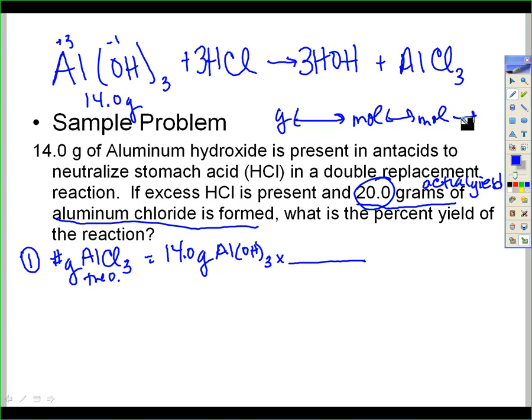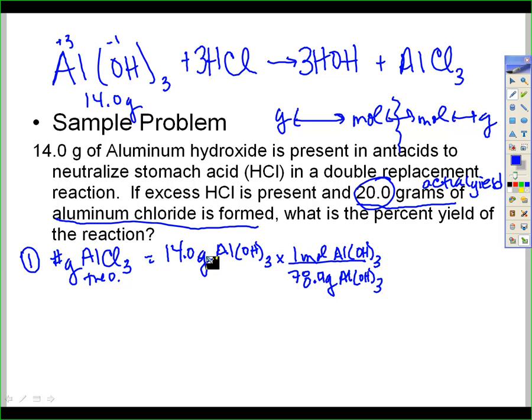If you're looking at your master plan, I'm over here with grams. My first step is to use the molar mass of my unknown, which is 17.01 times 3 plus aluminum, 26.98. So I'm getting 78.01 grams of aluminum hydroxide for every 1 mole of aluminum hydroxide.